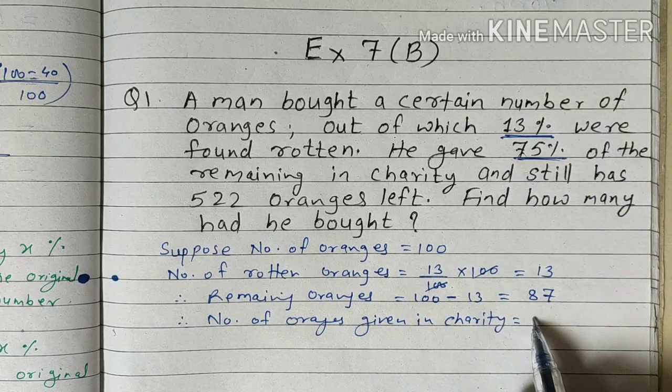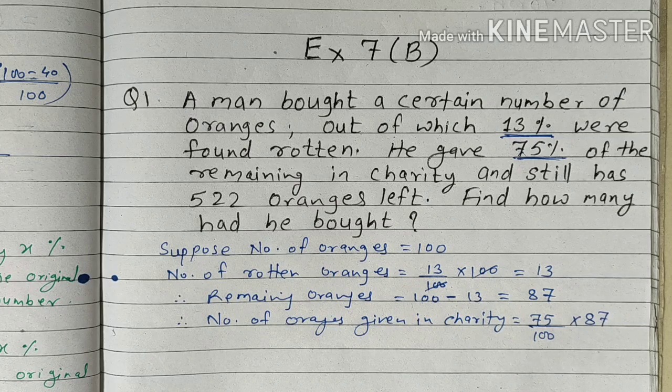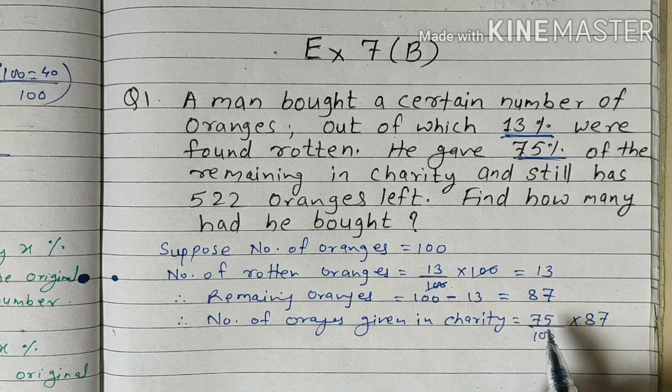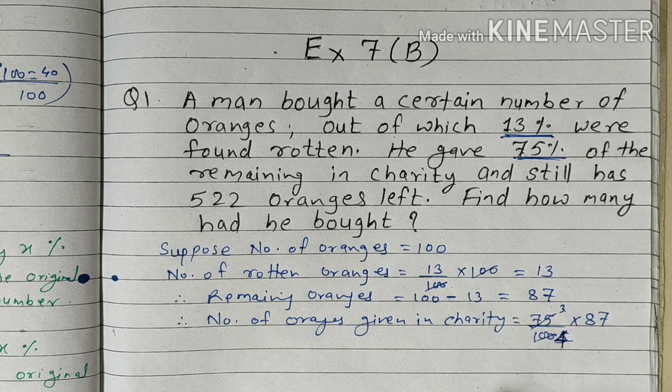So it becomes 87 and 75 upon 100, we can reduce it by 25. 25 3s are 75, 25 4s are 100. So it becomes 3 into 87 upon 4.